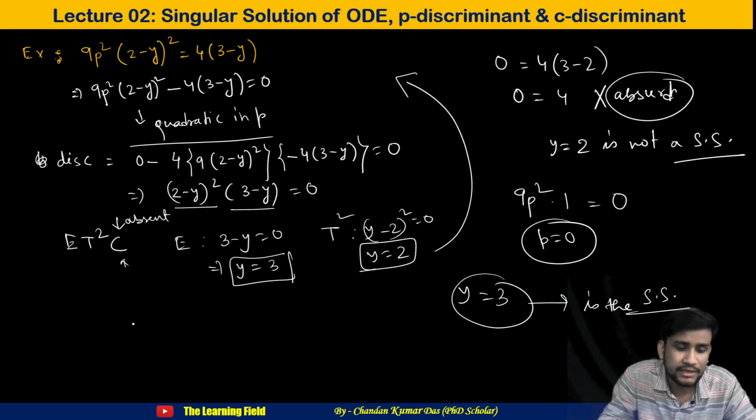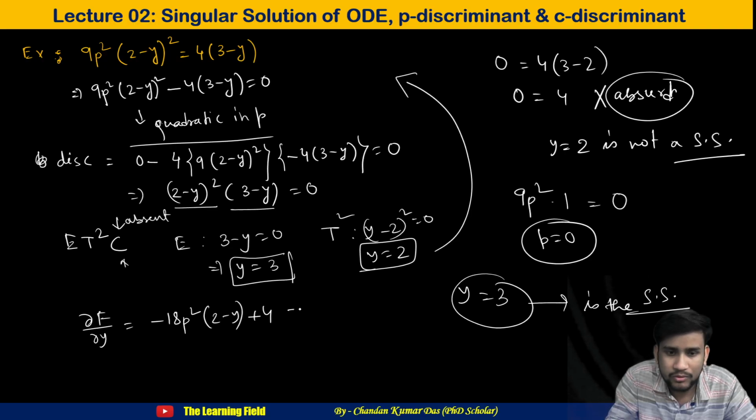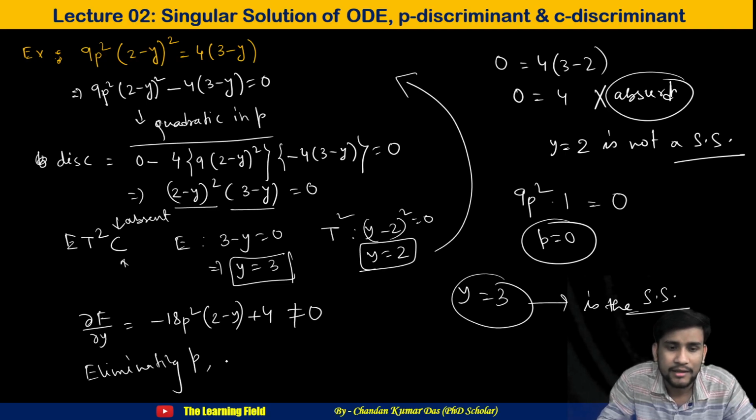One more thing is that we have to find first del f del y. This is equal to minus 18 p square into 2 minus y plus 4, which is not equal to 0. That means eliminating p from del f del y and the given equation, the second equation gives p equal to 0, y equal to 2.